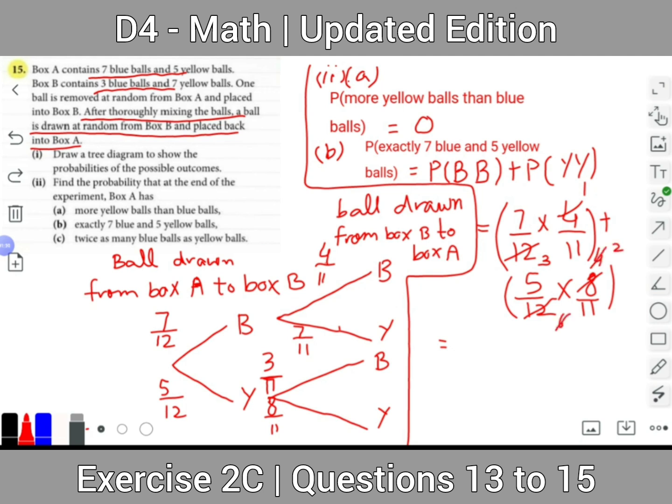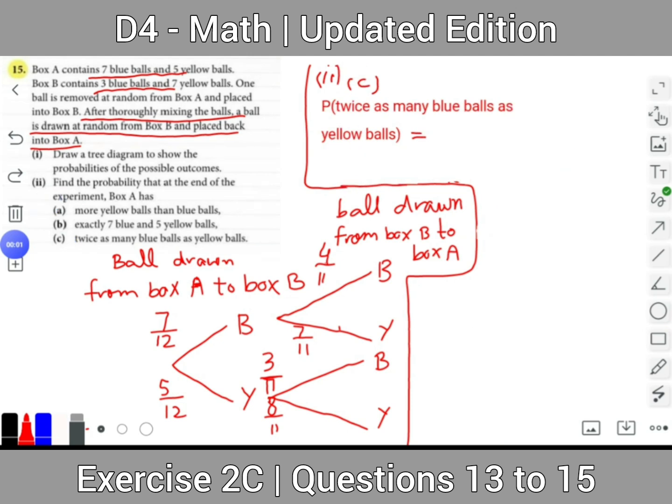So we have 7 over 33 plus 10 over 33. Now we will add this. Then we have 7 plus 10 over 33, and after adding up, it will become 17 over 33. So the probability that box A has exactly 7 blue and 5 yellow balls is equal to 17 over 33.